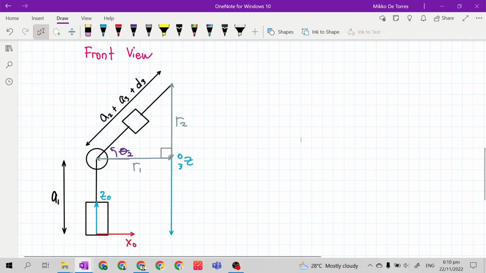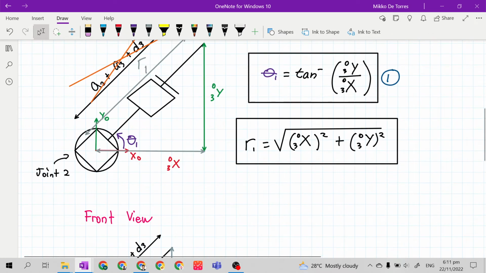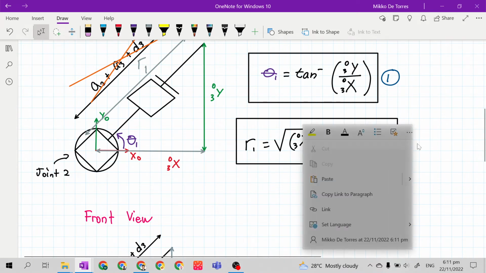We don't have yet the value for r sub 2. We can have the value of r sub 1 because of x03 and y03. So we can number this equation as equation number 2.